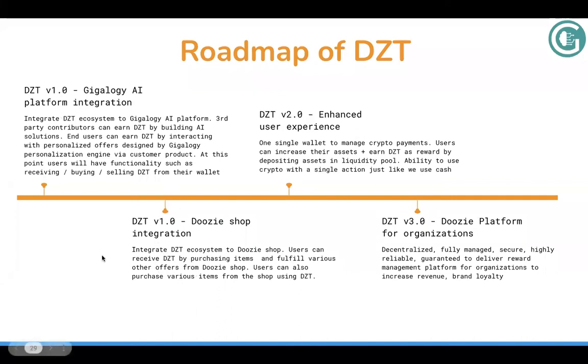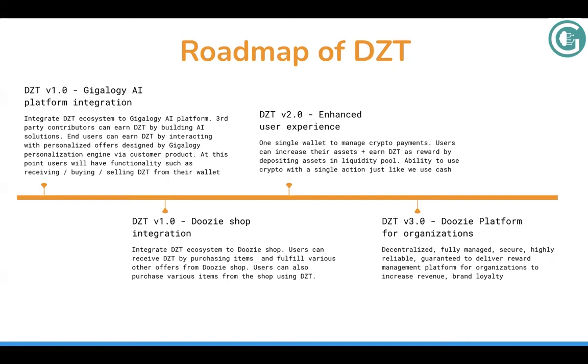In the same version, we will also integrate the Doozie token into Doozie Shop. It's an e-commerce-based shop where end users can receive Doozie tokens by purchasing items. And in version 2, we will focus more on decentralized finance.